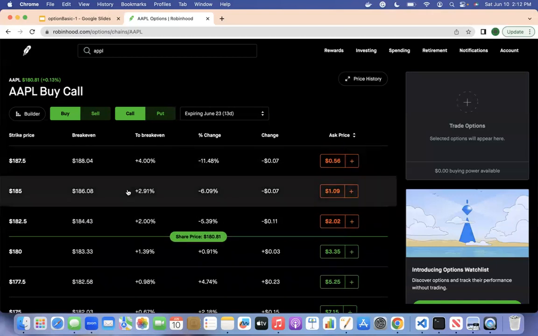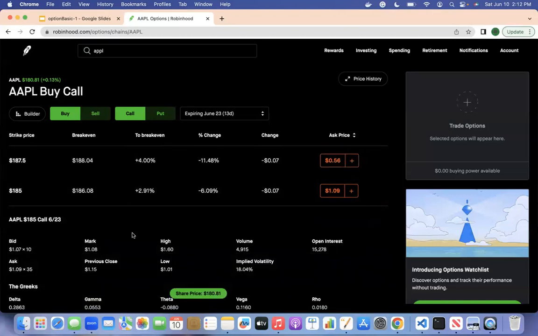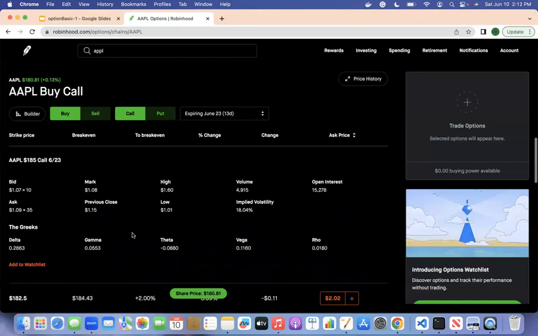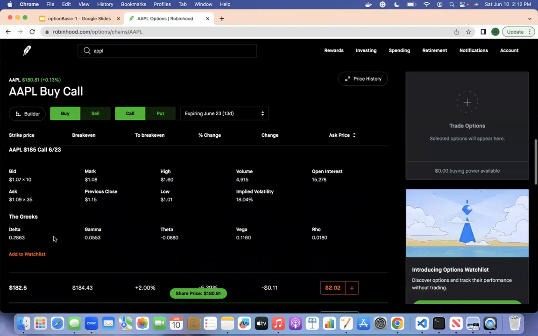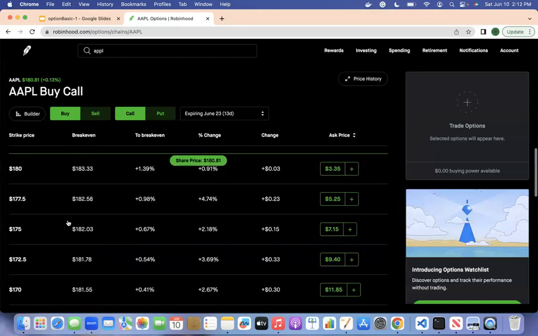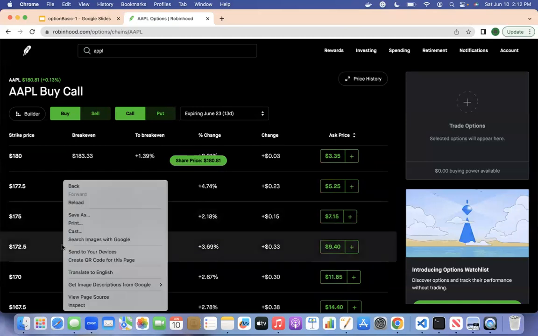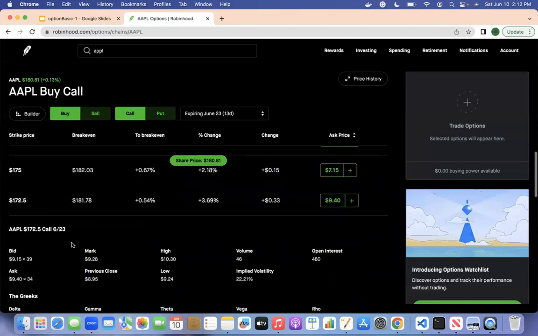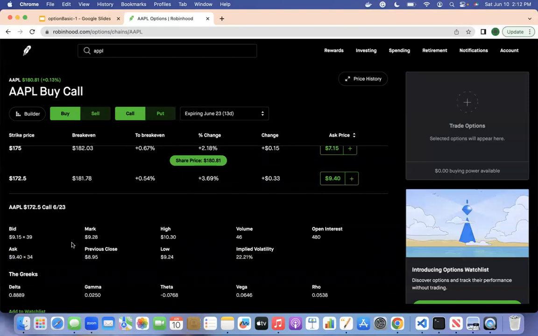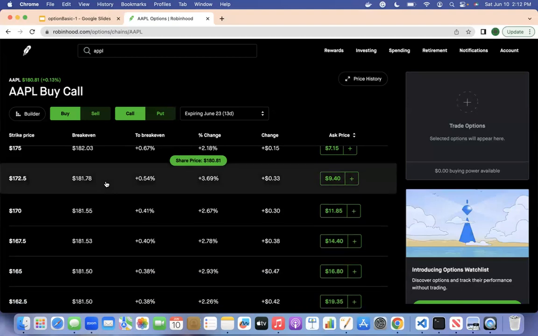And as the market is already bullish, if you choose a higher strike price, your delta is going to go down. And if you choose a lower price, your delta will be very, very high, close to 1, so 0.88, right? So that means you are deep in the money, buying a right to buy the Apple stock at $172. So that's how it works.